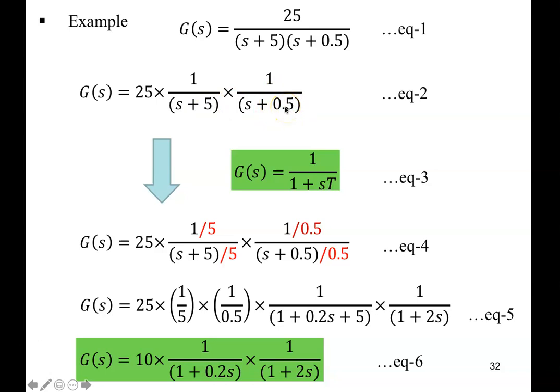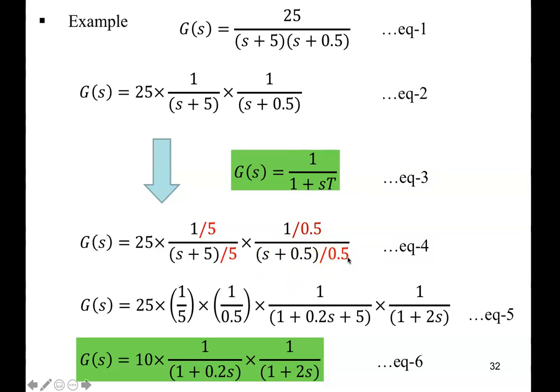We need to do a little bit of reformatting. Because I want that 5 to become 1, I'm going to divide every term in that fraction by 5. To make this 0.5 become 1, I'm going to divide every term here by 0.5. So divide the top by 5, divide the bottom by 5, divide every term of the second fraction by 0.5, and divide the bottom by 0.5.